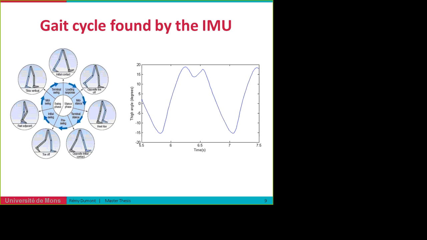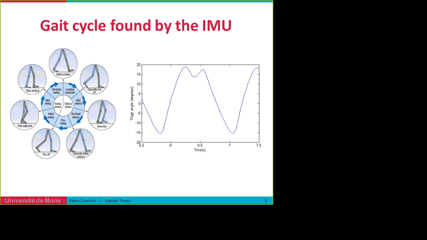But we found out recently that it wasn't probably 100% accurate. Actually, the initial contact point should be the minimum between the 2 close maximums, and the initial contact point of the other leg, which is the end of terminal stance of the reference leg, should be the global minimum of the shape.